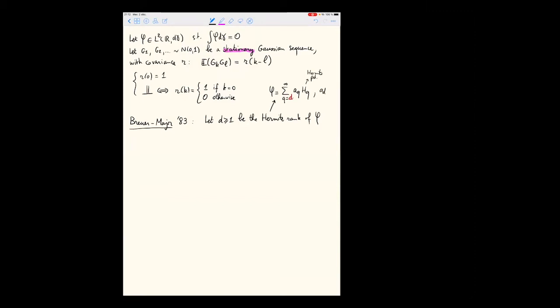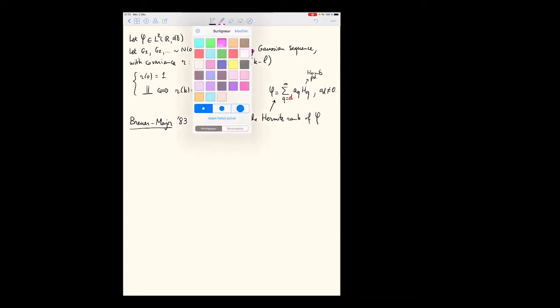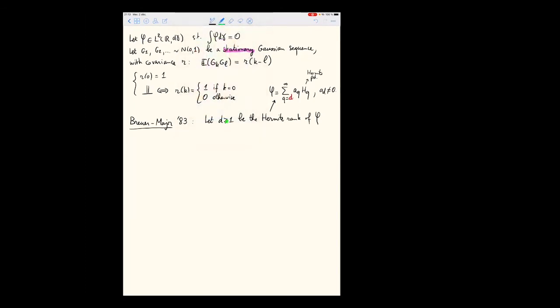And here I assume that a_d is non-zero. So this is the first non-zero coefficient of phi in the expansion in terms of Hermite polynomials. And I know that this d is bigger than or equal to 1 because this is equivalent to saying that phi is centered. Right? Because I assume phi is centered, d is necessarily at least 1.